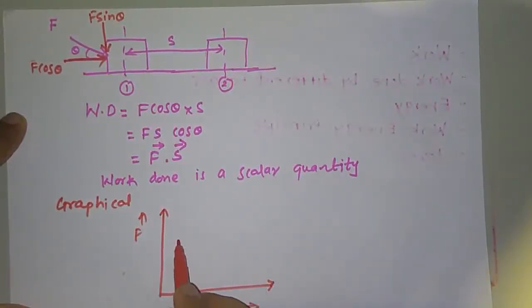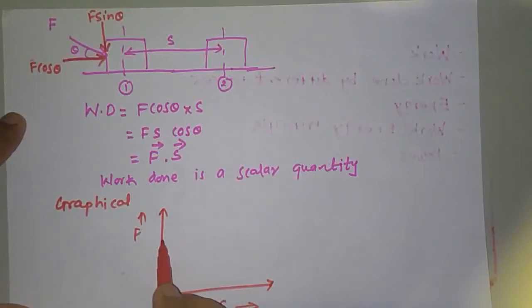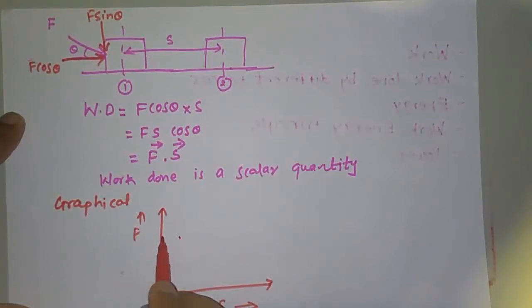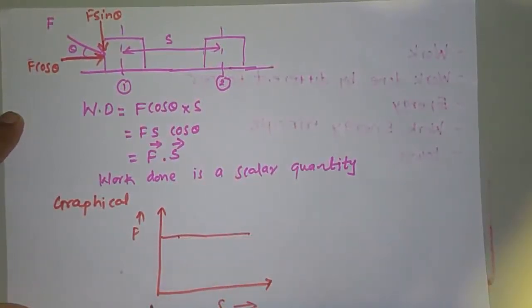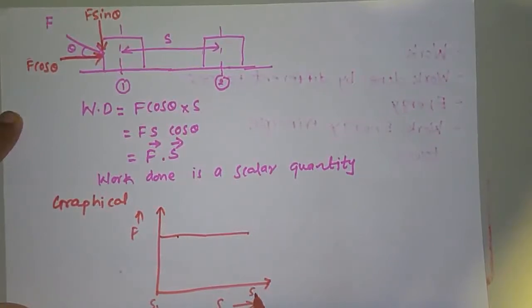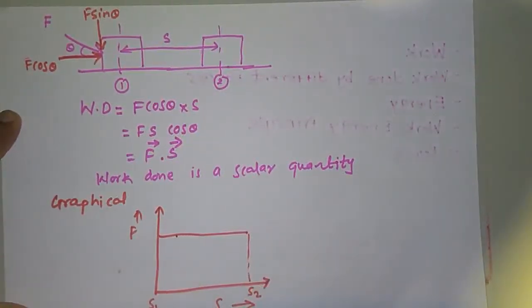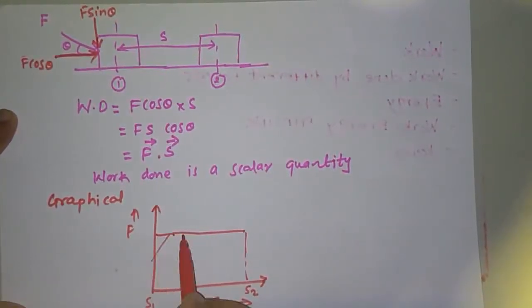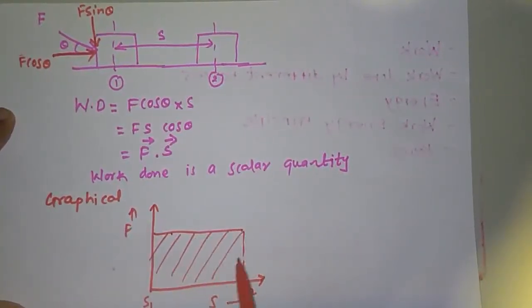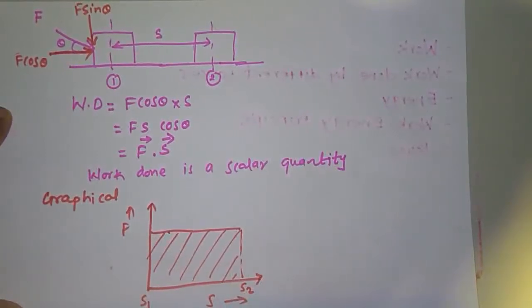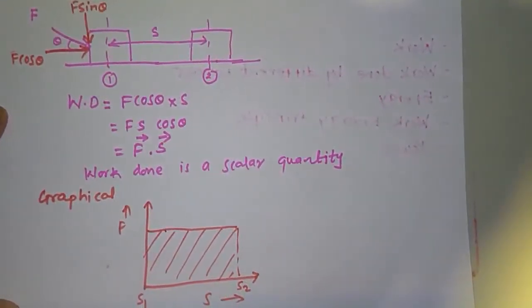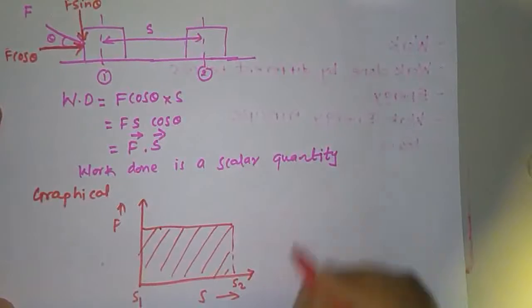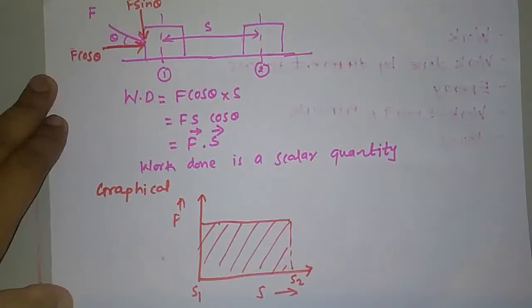Now let's suppose force is constant, and this is the initial position S1 and this is the final position S2. Now for this, what is work done? So work done is the area under this force displacement curve, that is work done.